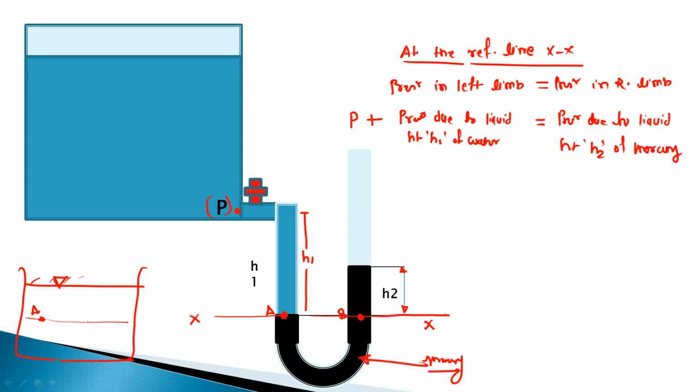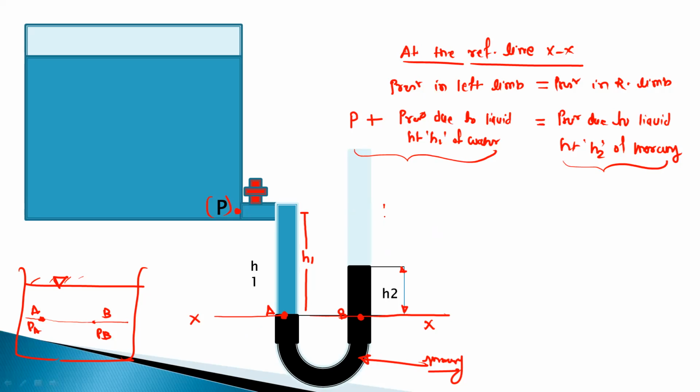Suppose we have point A and point B on the free surface of the liquid. The pressure at point A is equal to the pressure at point B. The same principle we can use here. In the horizontal direction, pressure will remain the same. And then you can write the total pressure at point A and the total pressure at point B.